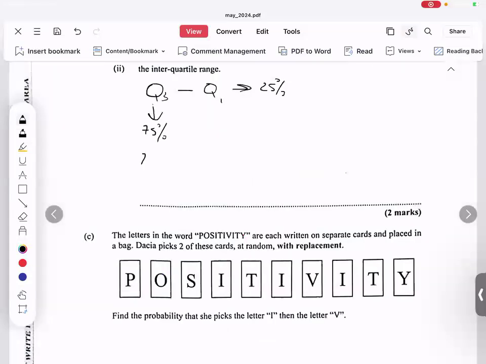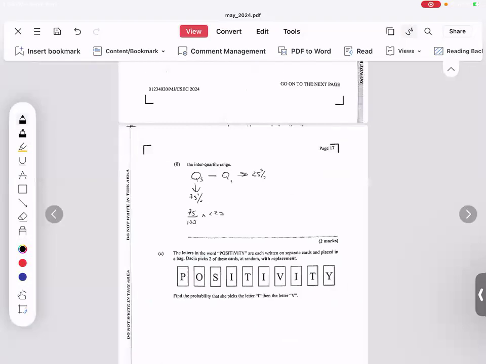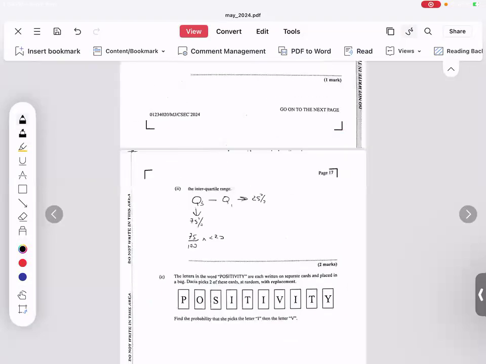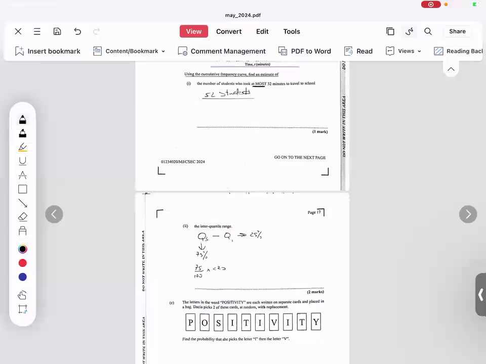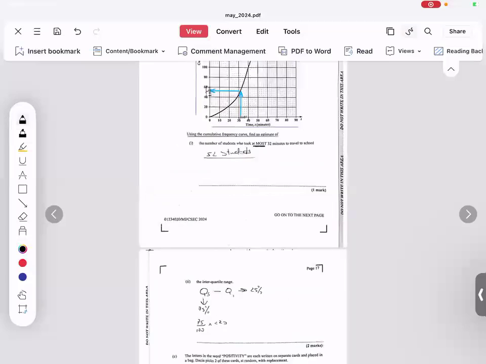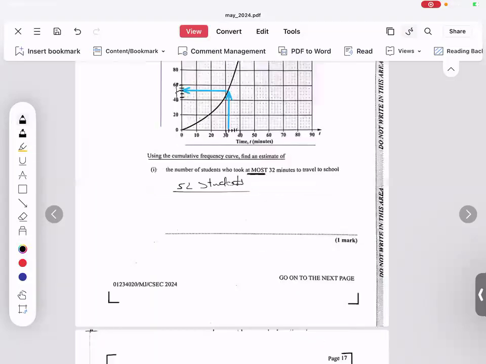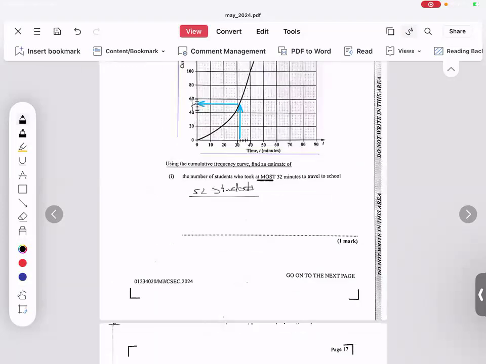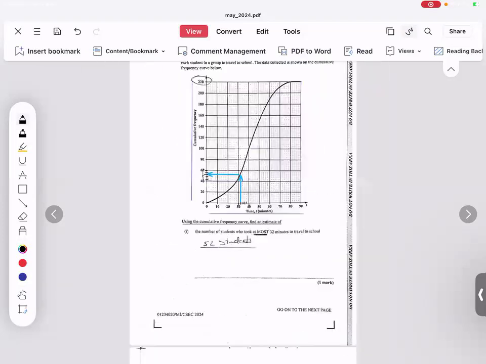So 75 over 100 times 220. How much do you get for that? I get 165. Yes, sir. Okay, good.